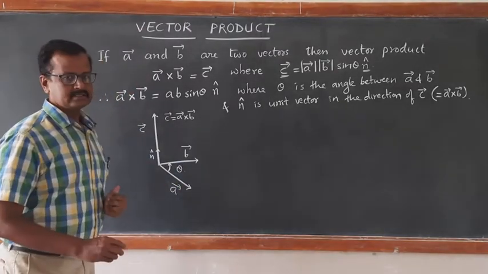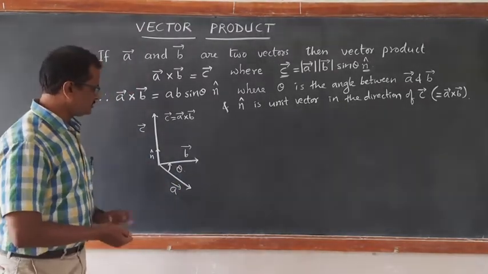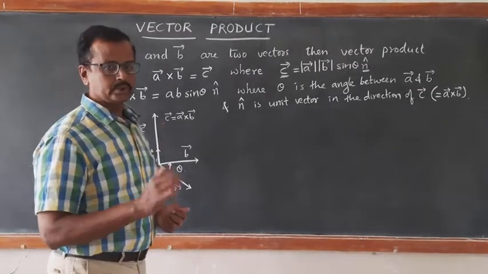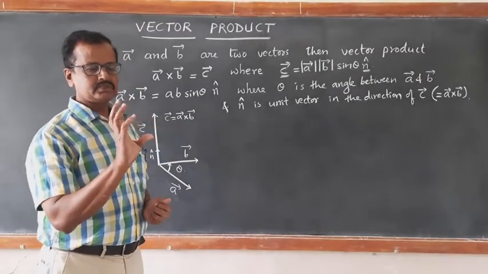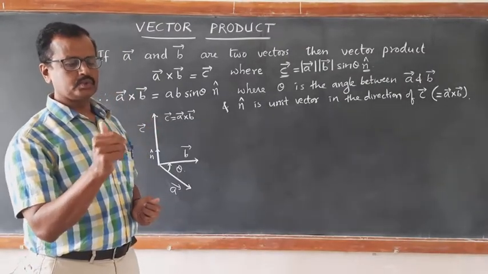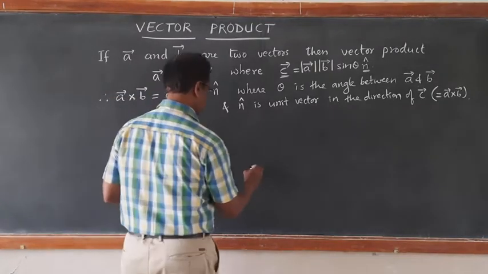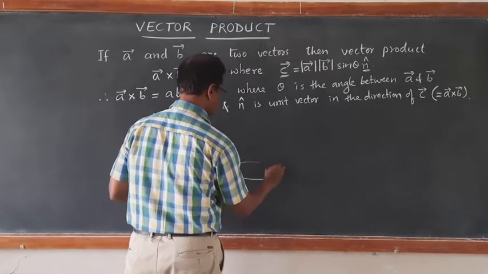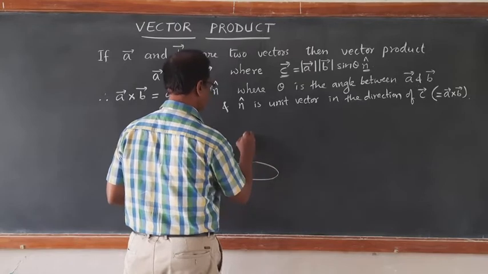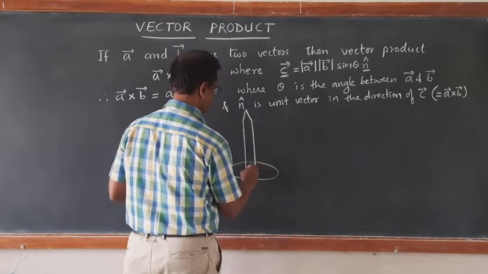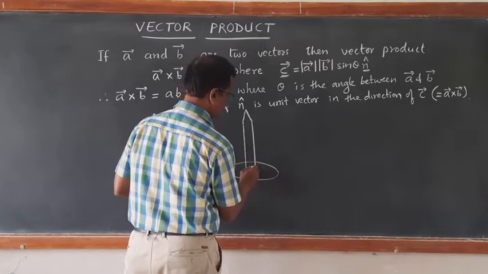How to remember this? Think that there is a right-handed screw. If you turn the right-handed screw, then it will be pointing upwards. Suppose this is the head of the right-handed screw and this is the screw. In the head, you assume that these vectors are lying.